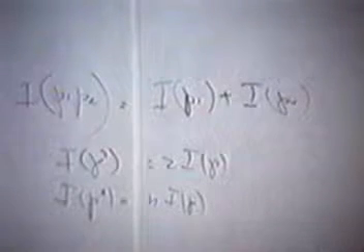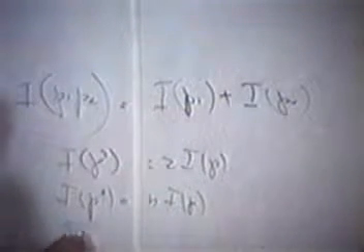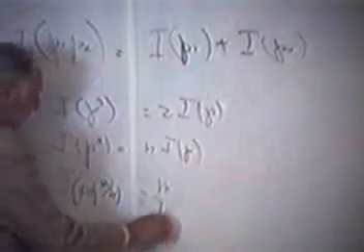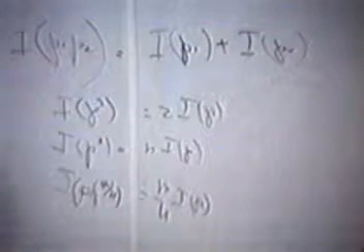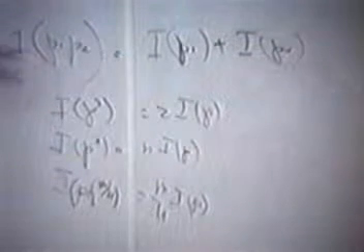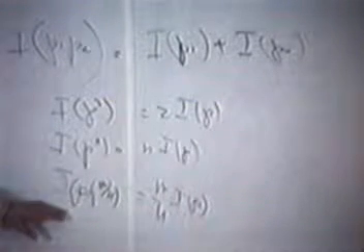Well, now, using exactly the method you used when you took algebra, where you extended exponents from integers to fractions, it's straightforward to obtain I of P to the m over n is m over n times I of P. Straightforward. Now, Shannon assumed that the amount of information I is a continuous function of P, the probability, which seems reasonable. If so, then this is true for all values.